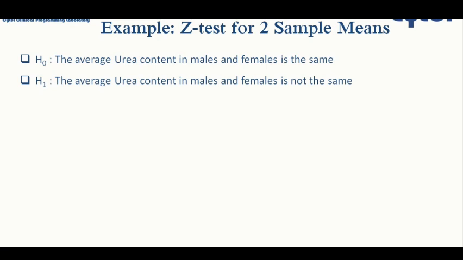I considered only the variable urea, and I want to see whether the average urea content in males and females is the same. So, my populations T and C are males and females. I have two populations and I am interested in seeing whether mu T is equal to mu C, versus the alternative hypothesis that the average urea content in males and females is not the same.